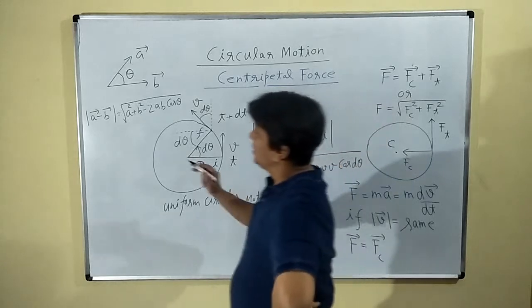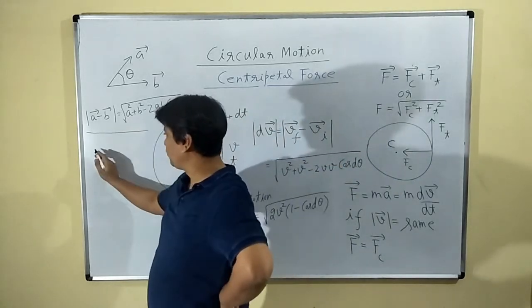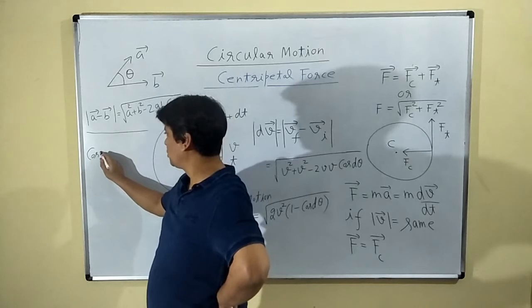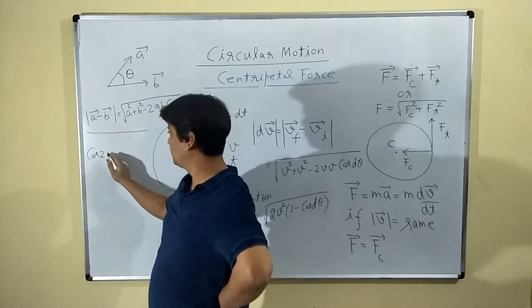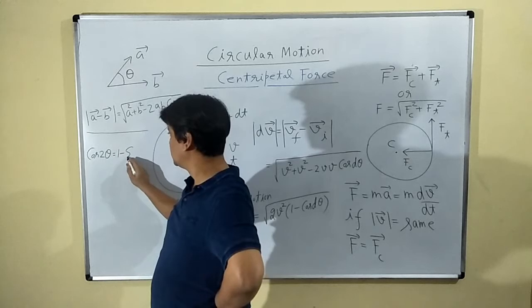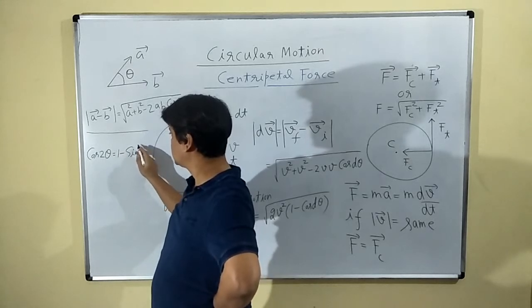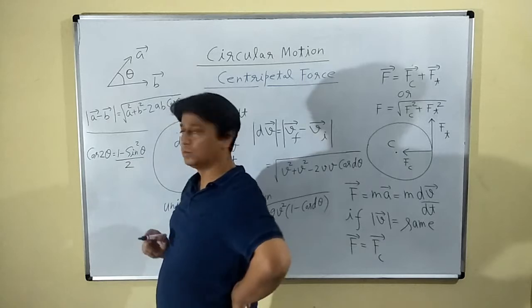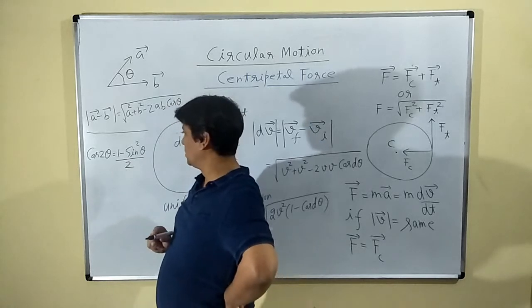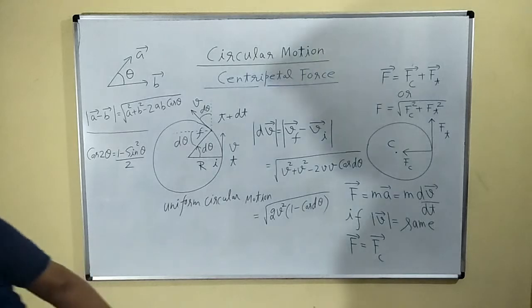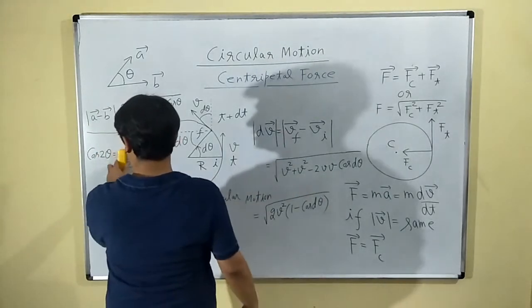Now, in trigonometry we had this type of result. Cos of 2 theta is 1 minus... my fault.